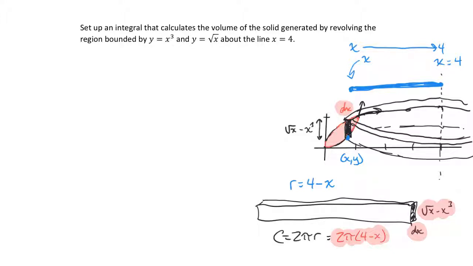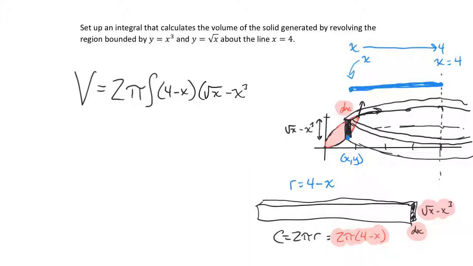So our volume is 2 pi times the radius. Our radius we decided was 4 minus x, multiplied by the height of the function, that's radical x minus x cubed, and then multiply by the thickness dx. We again evaluate from 0 to 1.